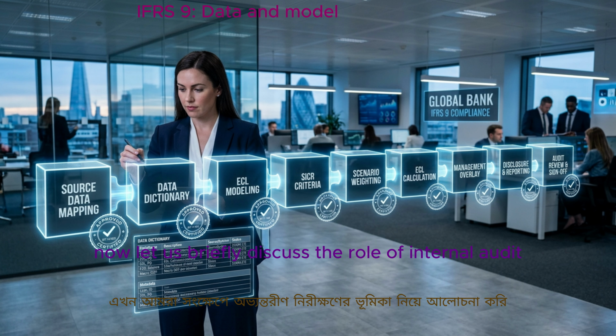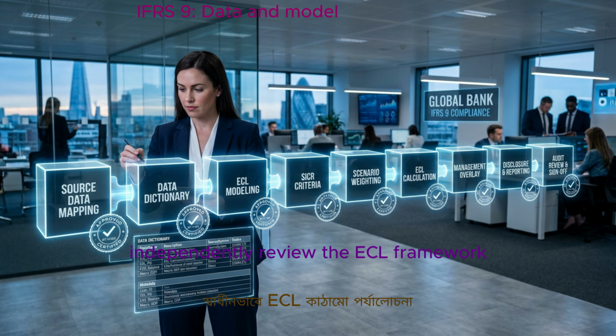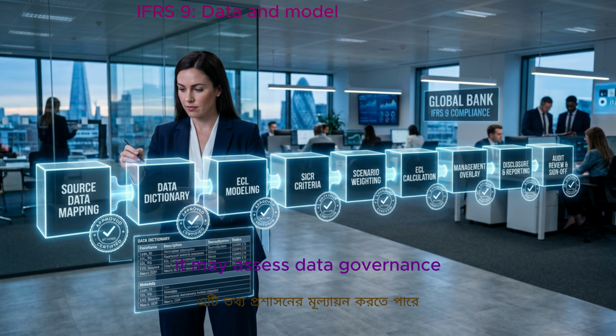Now let us briefly discuss the role of internal audit and external audit. Internal audit should independently review the ECL framework. It may assess data governance, data accuracy, access controls, model development, model validation, staging accuracy, management overlay approval, and reporting controls.